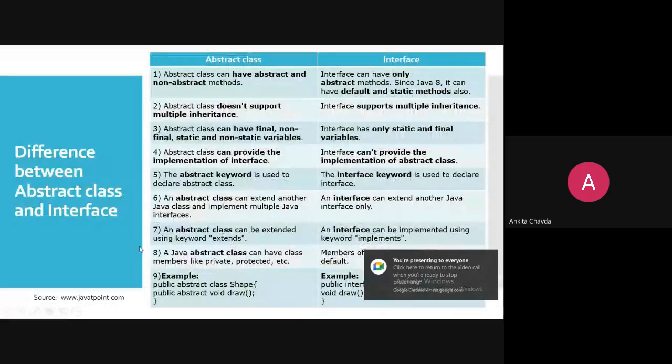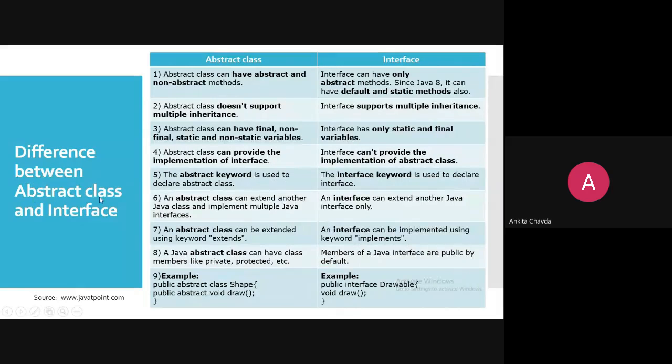Okay. So now the most important question, that is the difference between the abstract class and interface. What is the difference between these two? Here, an abstract class can have abstract and non-abstract methods.